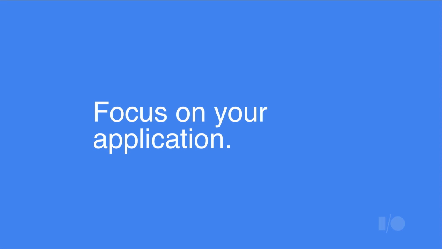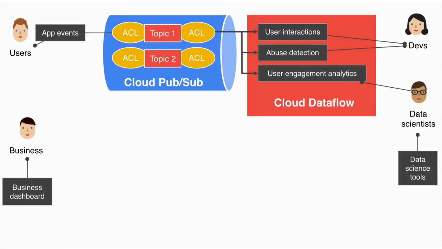Today, for the purpose of this session, we're going to focus on one special case, one special kind of consumer, which is the data processing pipeline. Because remember, what we really want is to allow developers to focus on the application, not on the infrastructure. And in our example, many of the use cases call for a data processing pipeline.